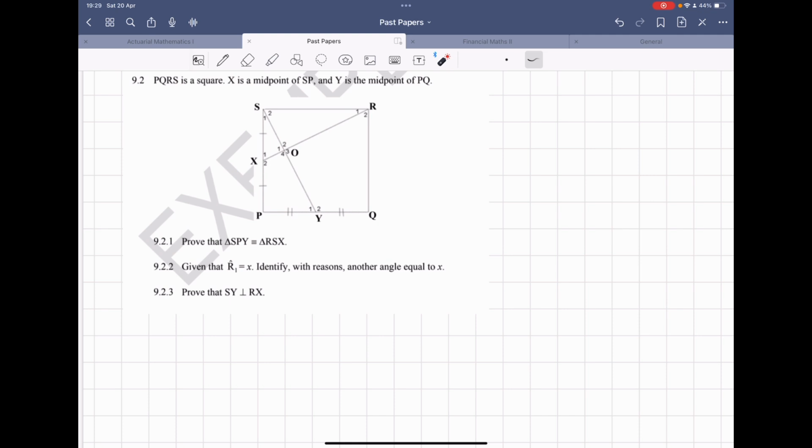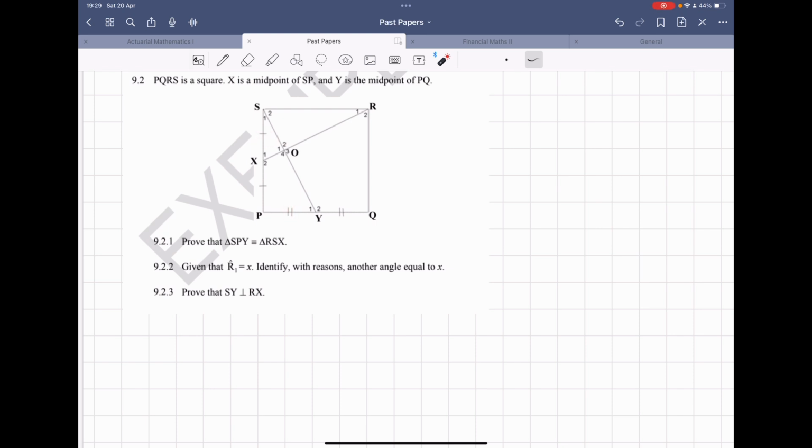So the first thing that I know about these two triangles is that this side SR is equal to this side SP because it's a square. So all of the sides of a square are equal length. And then I was told that X was the midpoint of this side and that Y was the midpoint of this side, which means that these two sides of the triangle are also equal, because if it's the midpoint of both of the lengths of the square, and if the lengths of the square are the same, then the midpoints are going to be the same distance as well.